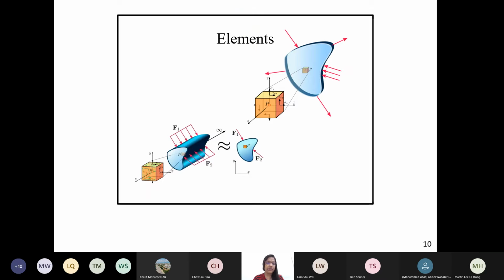Now, the structures can have different cross sections, and the elements can be analyzed. If this is the body of a ship, a submarine, or an aircraft, you can analyze the stress acting on the surface by taking an elemental area and analyzing it.